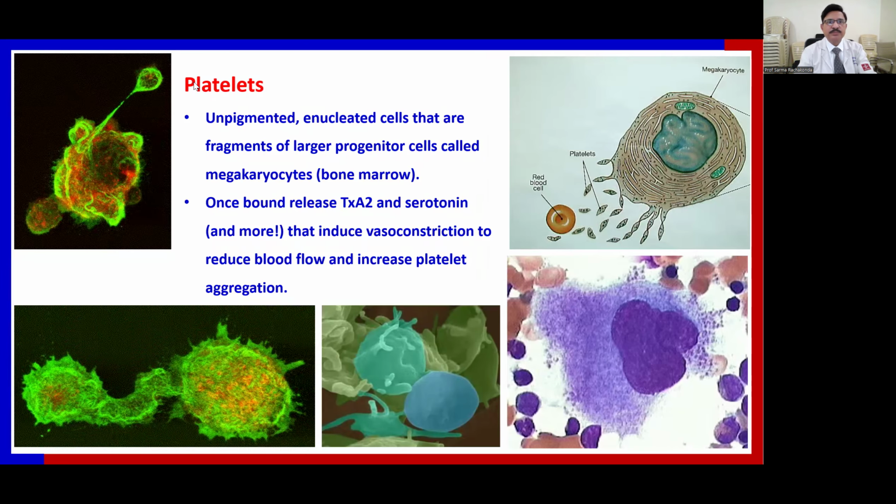Okay, now, what are platelets? Platelets are unpigmented, enucleated cells that are fragments of larger progenitor cells called the megakaryocytes in the bone marrow. You can see here, this is the megakaryocyte and it is a large cell.